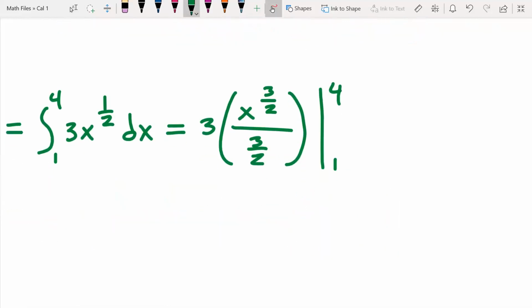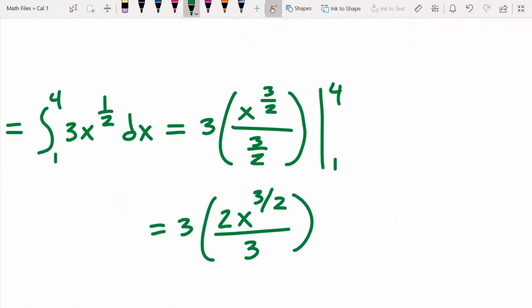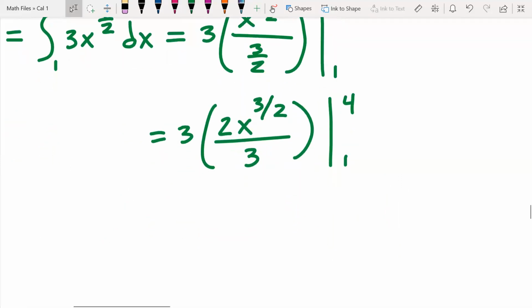All right, make it look pretty. Flip that fraction. We're going to get 3 times 2x to the 3/2 over 3, evaluated from 1 to 4. One more time to make it look pretty. Our 3's cancel.